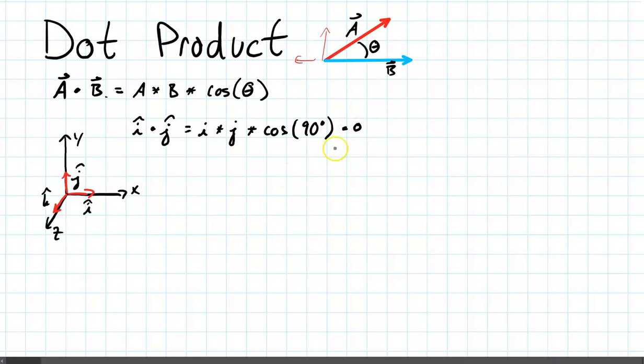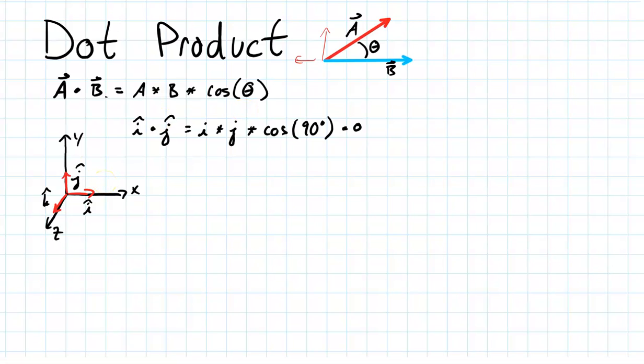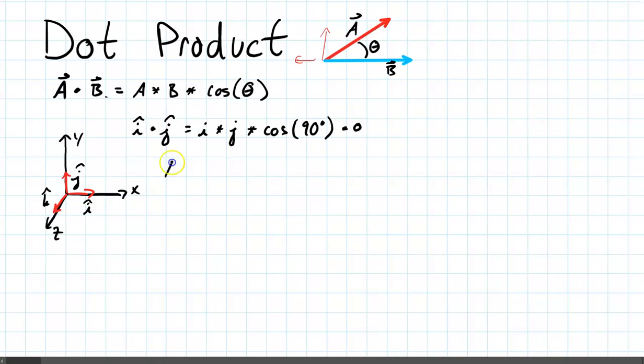Okay, so this knowledge will come in handy when we go to our second definition of the dot product. The dot product can also be defined as the dot product of all the component parts.